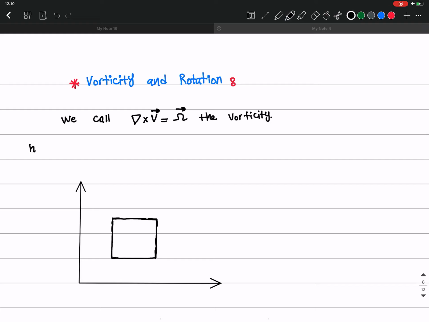So how is this related to the rotation of the fluid particles?